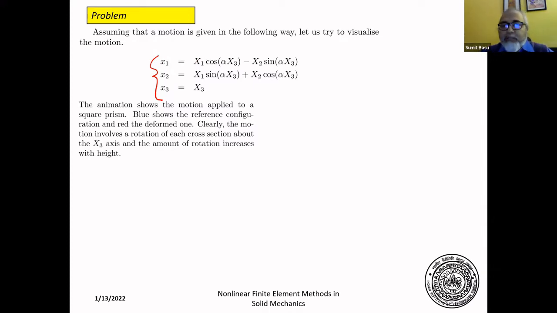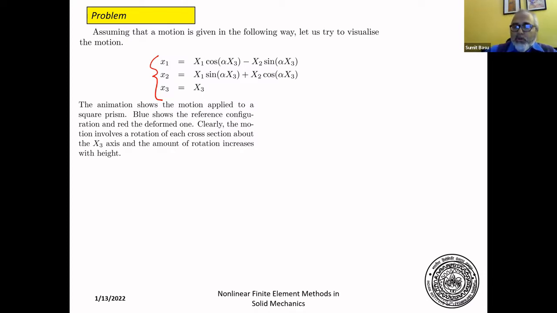The motion does not depend on the shape of the initial configuration. But if I want to depict the motion on the screen, I have to assume some shape of the initial configuration. That shape is not important. I'm going to assume a rectangular prism.